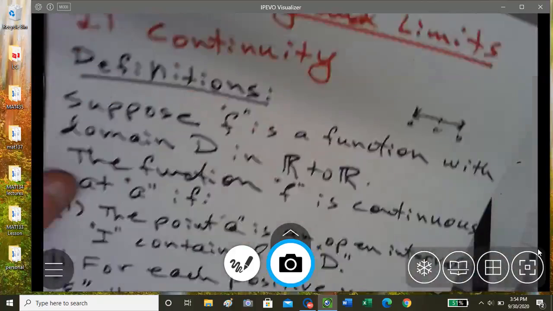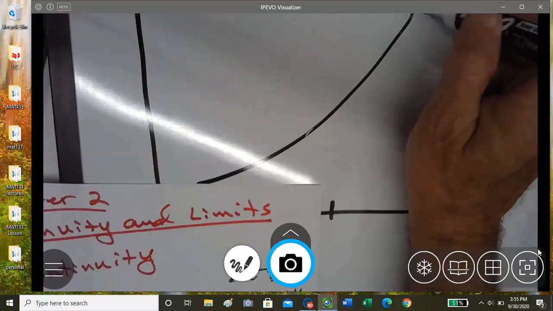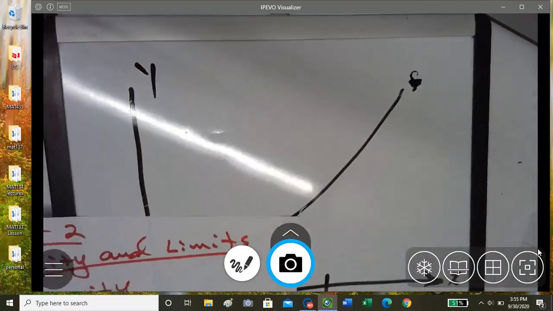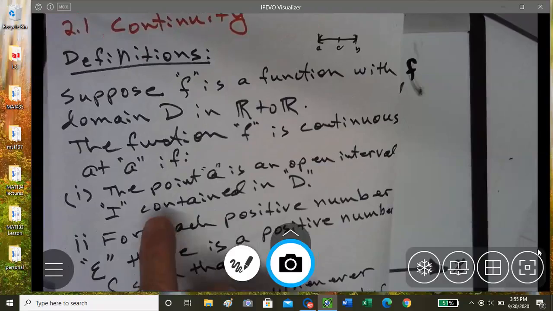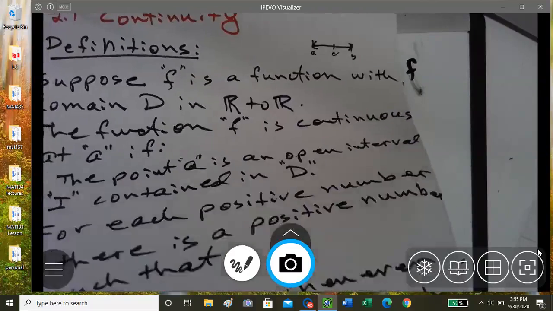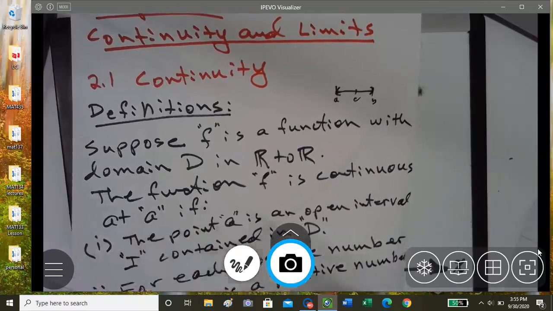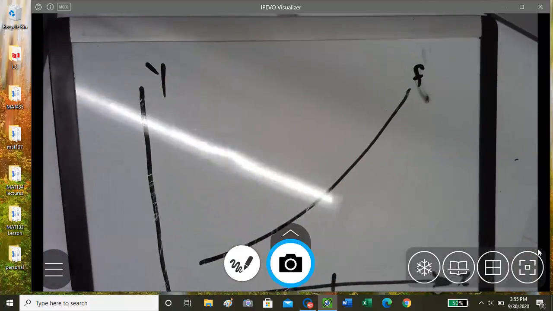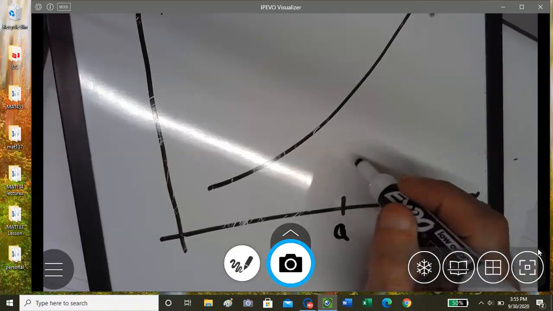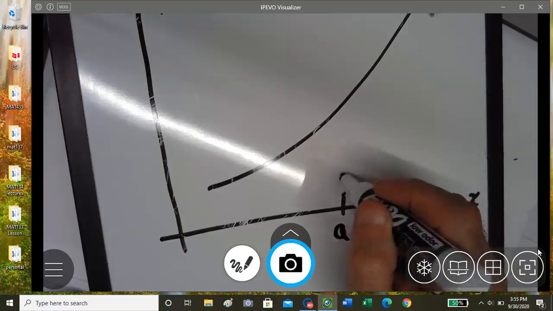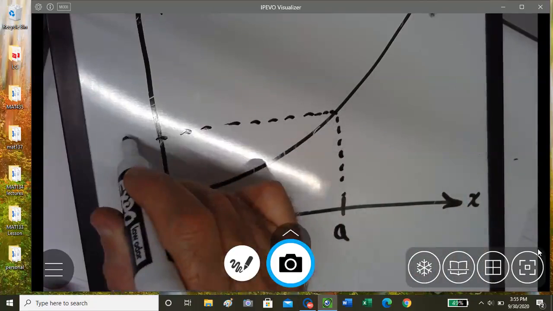This is our function f, within the domain, at A. So we'll make this point A here. And with this point, if we go up to our function, we get a limit.